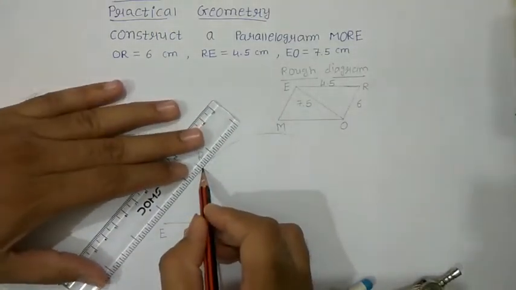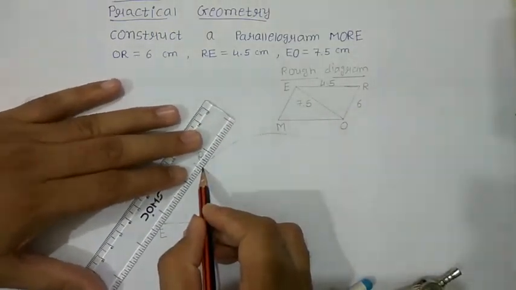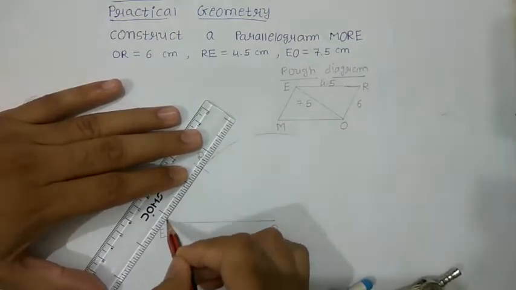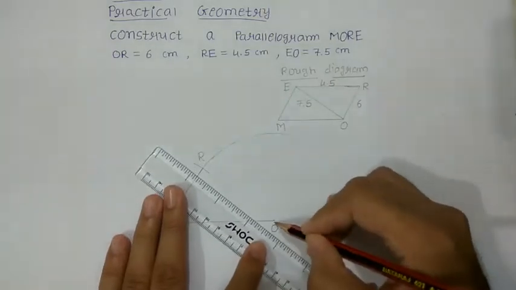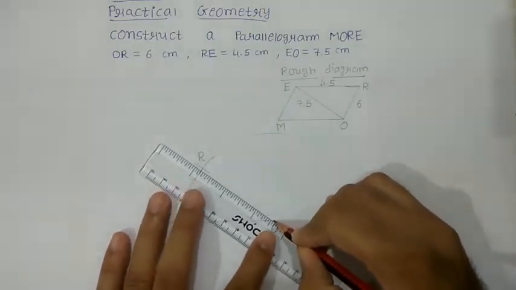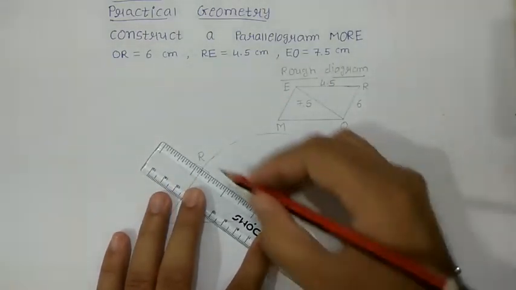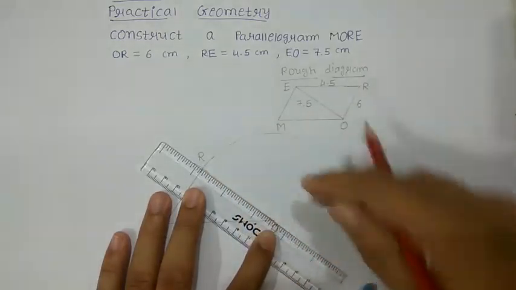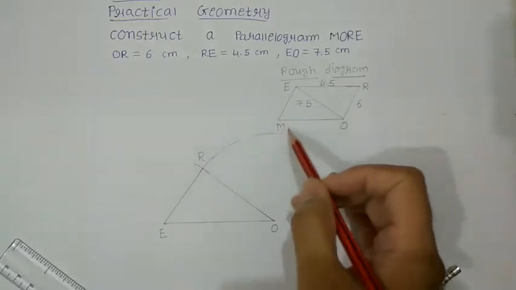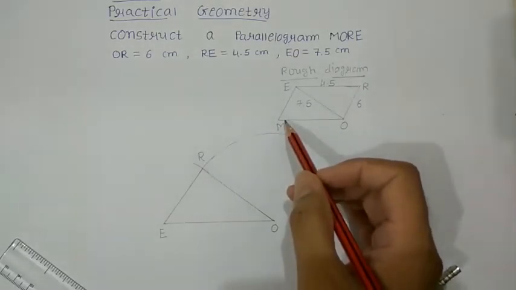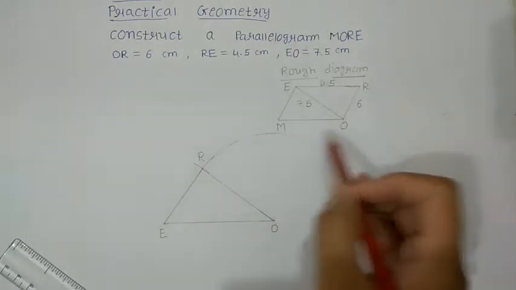By joining E and R, we get the RE side of a parallelogram. Now join O and R, we get another side of the parallelogram, right? Okay, now which point will remain? M point will remain here. So what is the distance of MO?